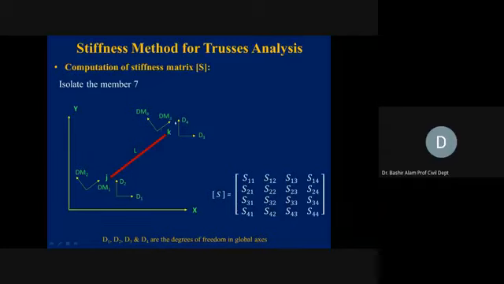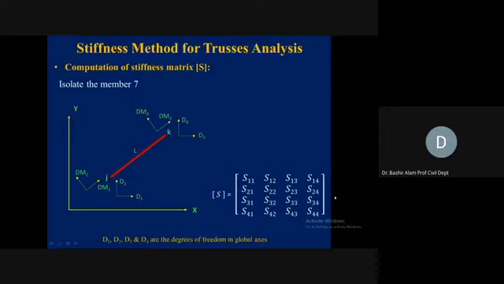Then we put DM3 equal to 1 and lock the rest, generating S13, S23, S33, S43, the third column. Similarly, when we keep DM4 equal to 1, we can generate the fourth column of the stiffness coefficient matrix.